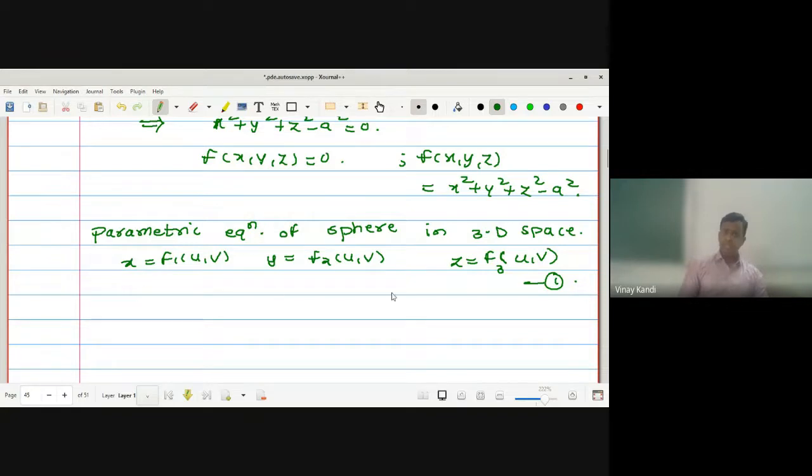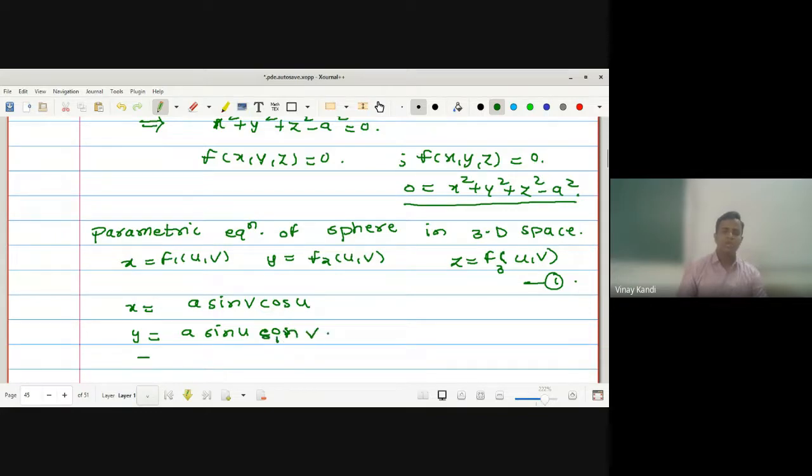Any three points x, y, z should satisfy this equation. So the parametric equation of the sphere in 3D space is: x is equal to a sin v cos u, y is equal to a sin u sin v, and z is equal to a cos v.